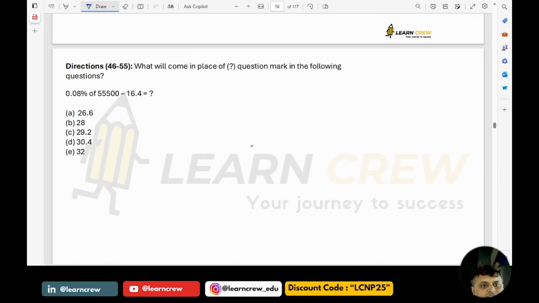Next, 0.08 percentage of this value. So the 2 zeros will cancel. So 0.08 into 555 minus 16.4.